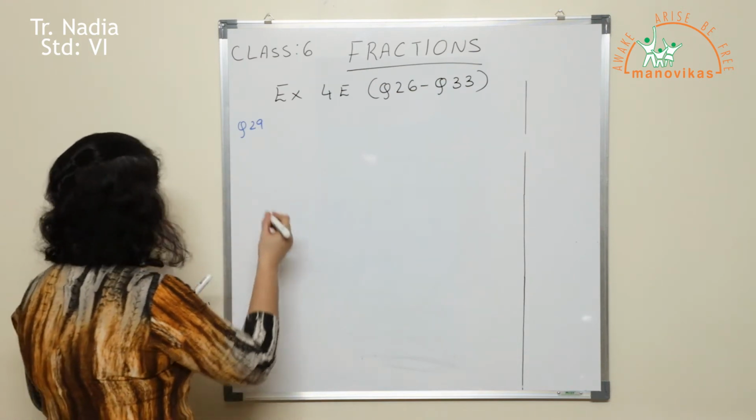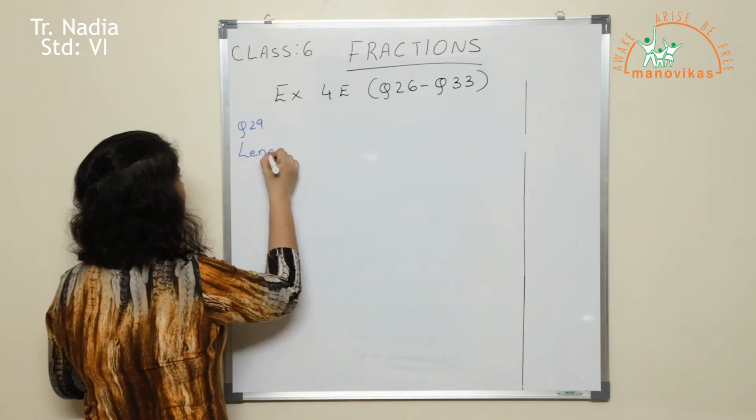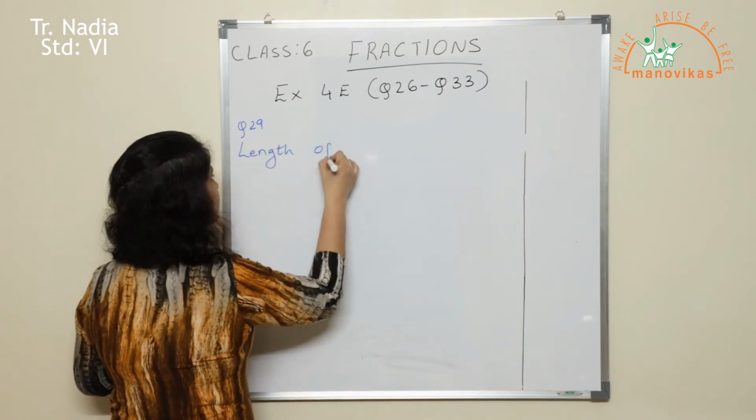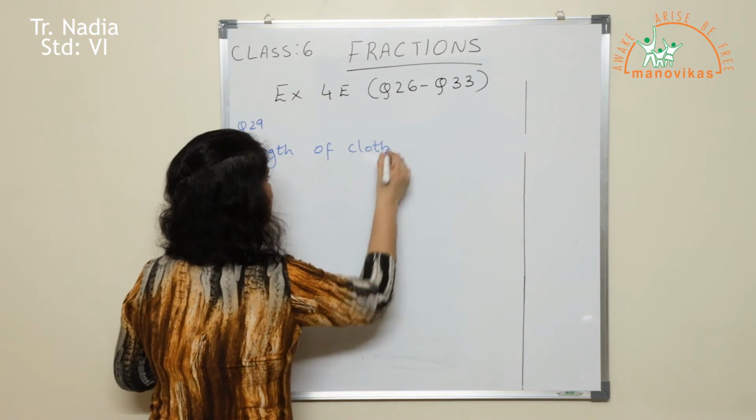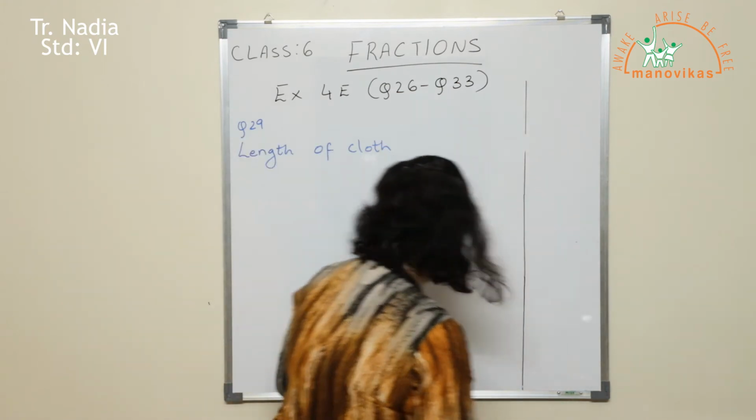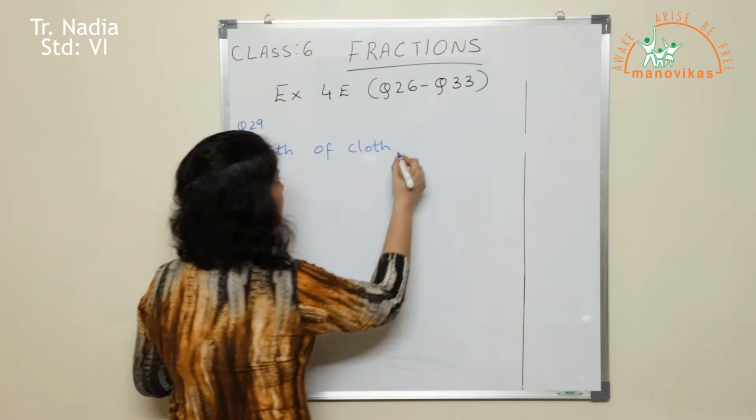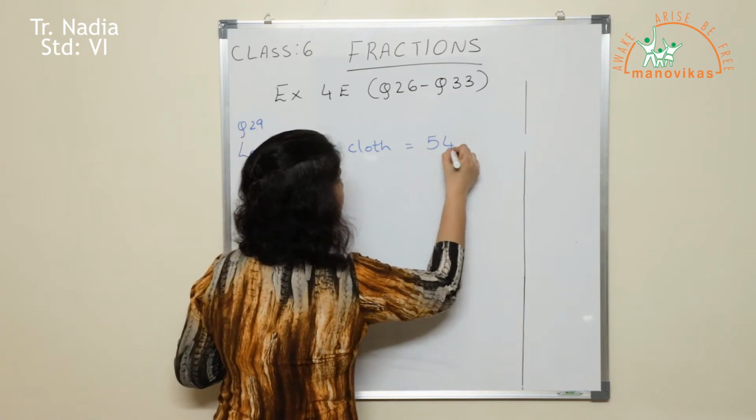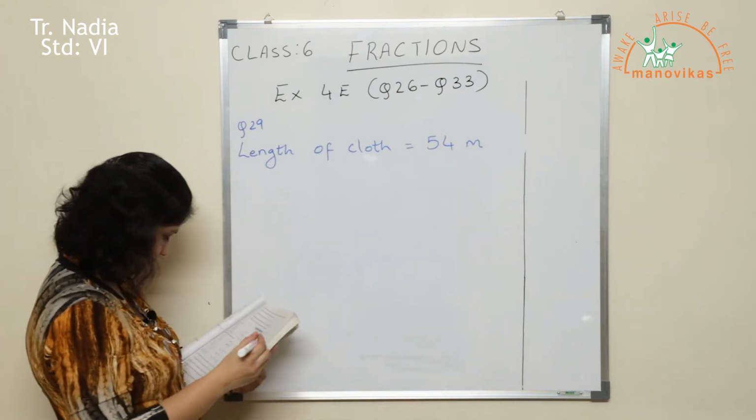So the first statement can be length of cloth. Length of cloth is 54 meter. Remember to put the unit.